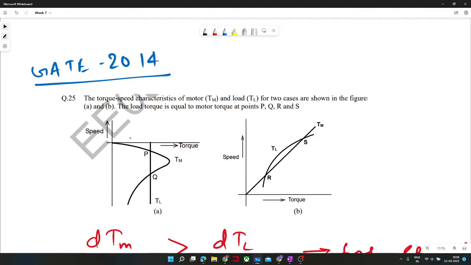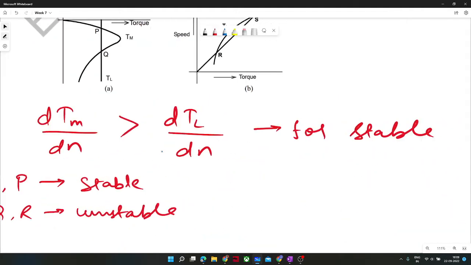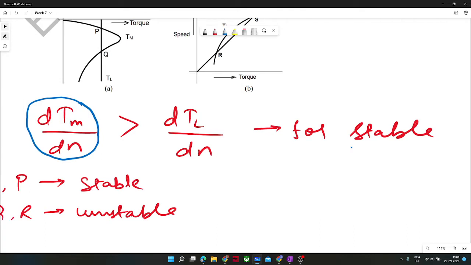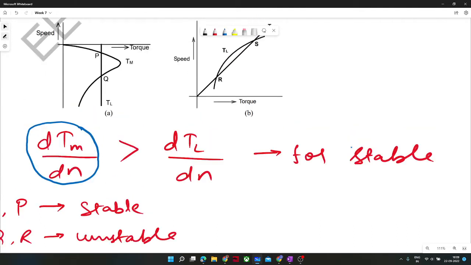So the general formula for this stability, I have written it down. Motor torque variation with speed should be greater than load torque variation with speed. Then it should be called stable. So either you can remember this formula or you can understand it. You see in this figure at point P, what is happening?